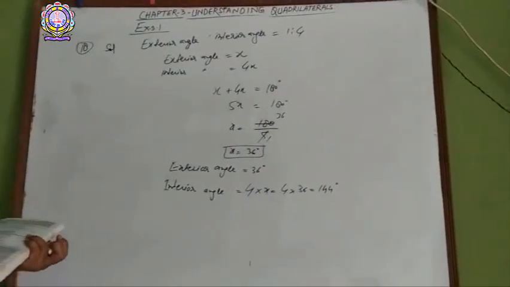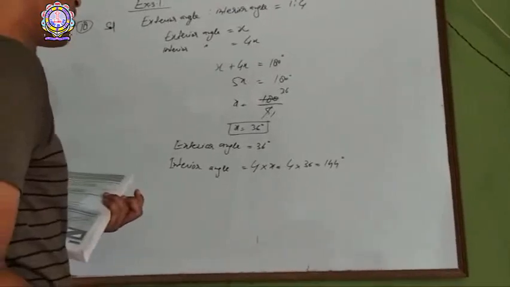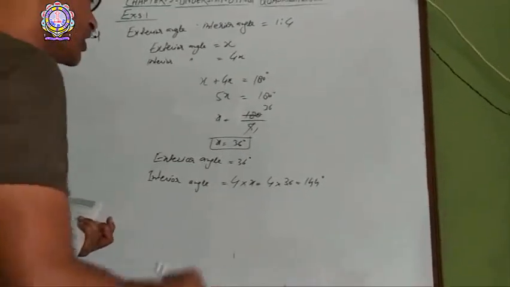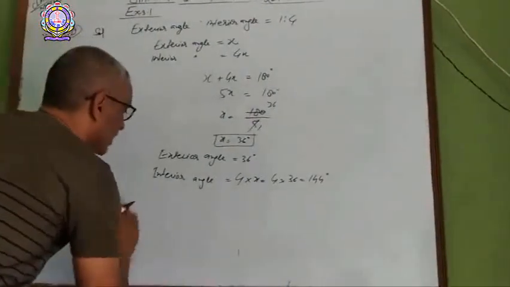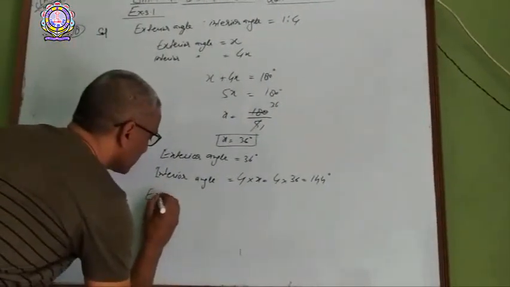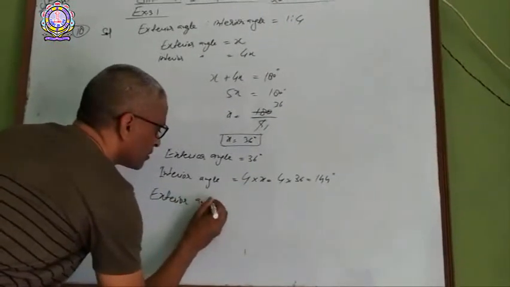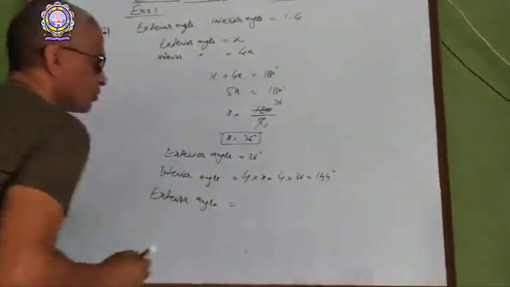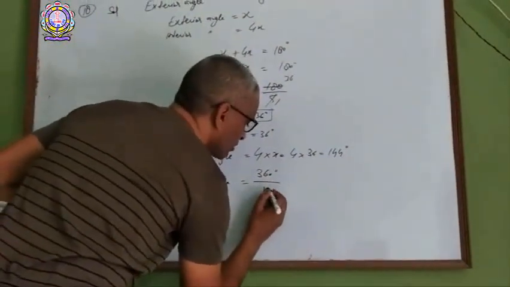We know that the exterior angle of a polygon is equal to 360 divided by n. Exterior angle is equal to 360 degrees upon n.